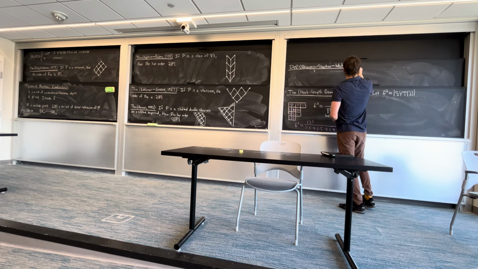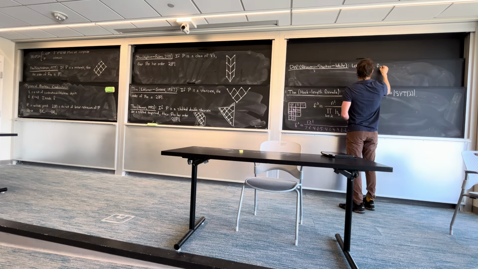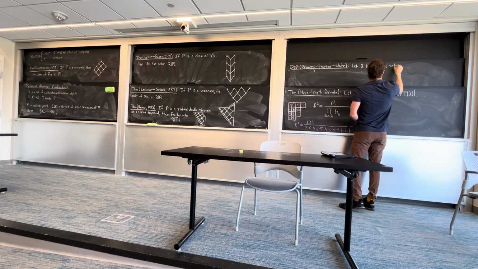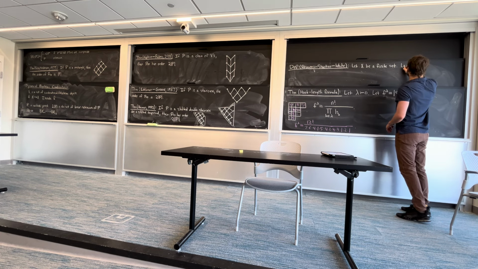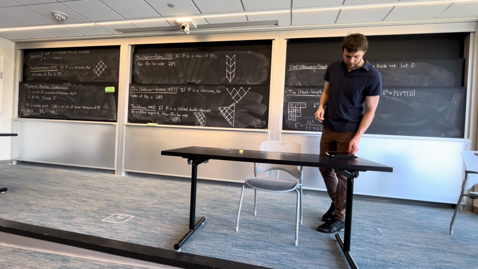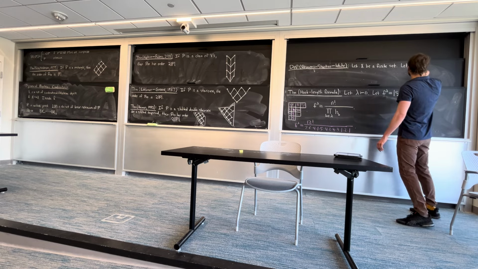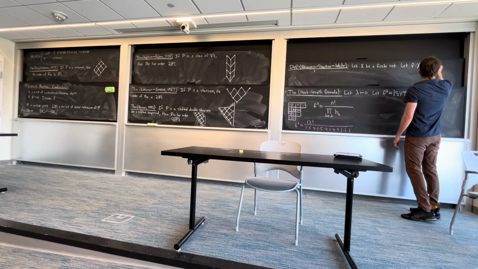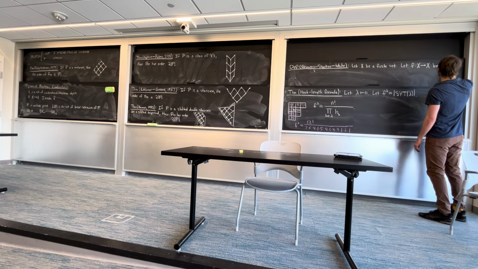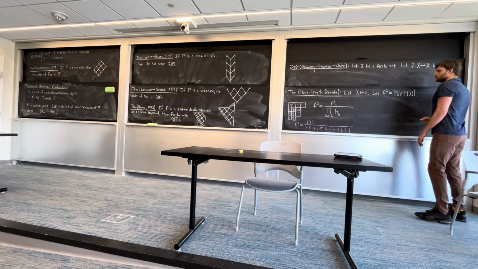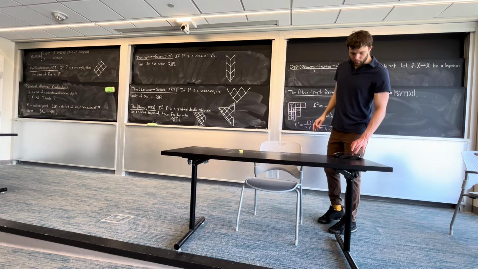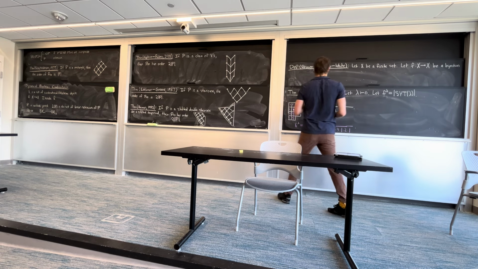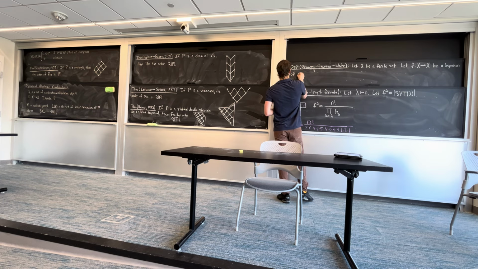Let X be a finite set. Let f from X to X be a bijection. So this is some map that we're going to want to iterate, and let's say it's a bijection of order omega.